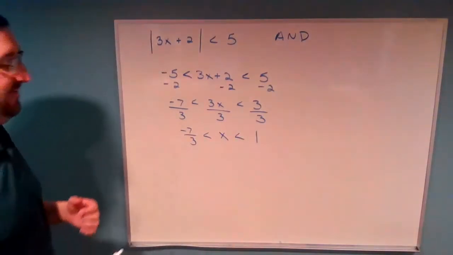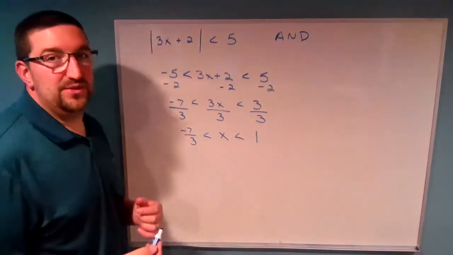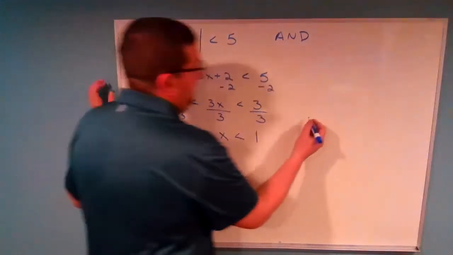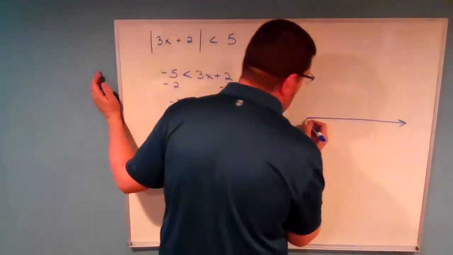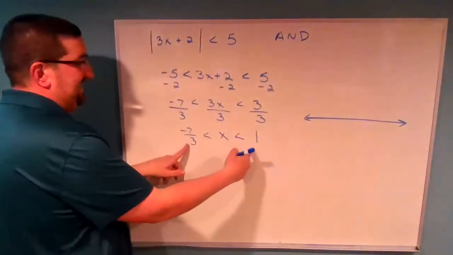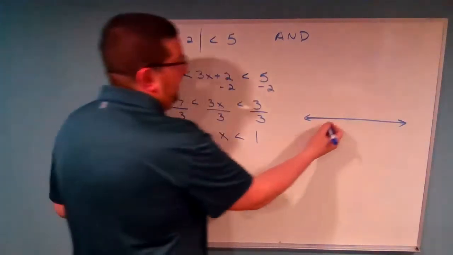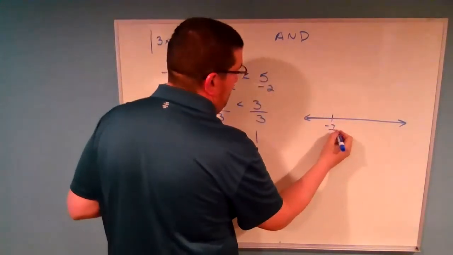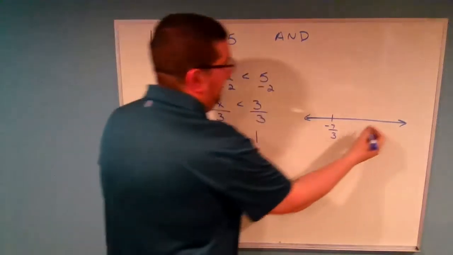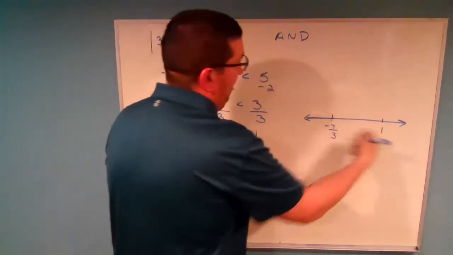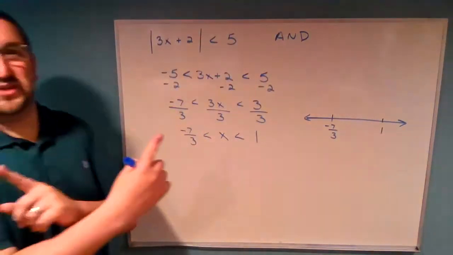Next thing I'm going to have you do is graph this solution on a number line. That is an and statement. We have to put the lowest number and the highest number on a number line as they would appear. Don't switch those.